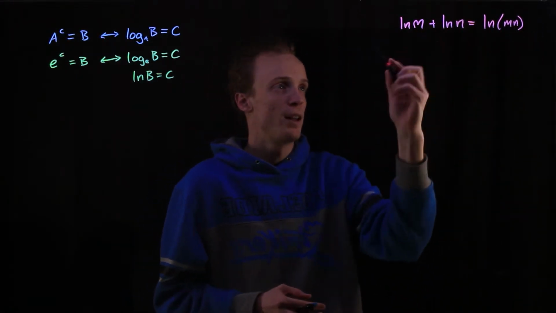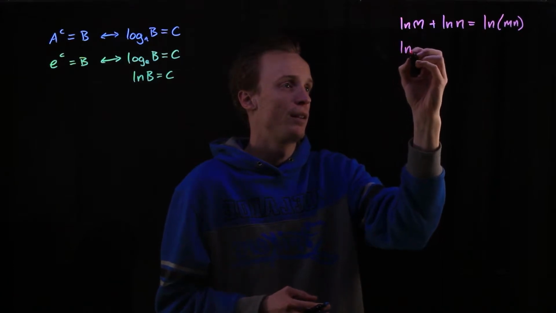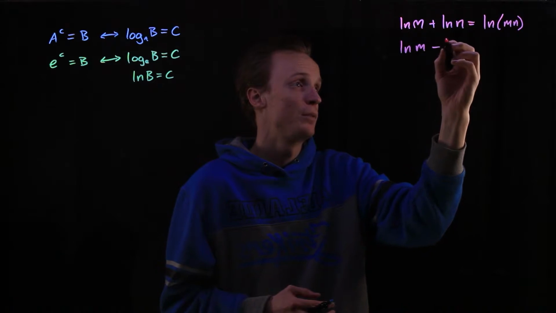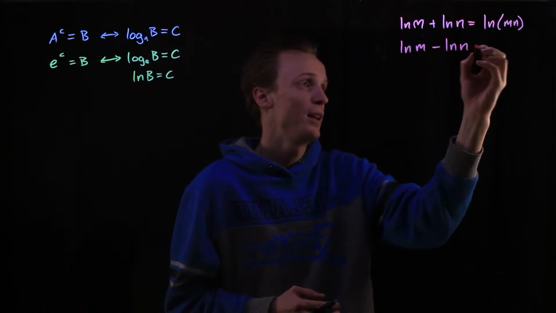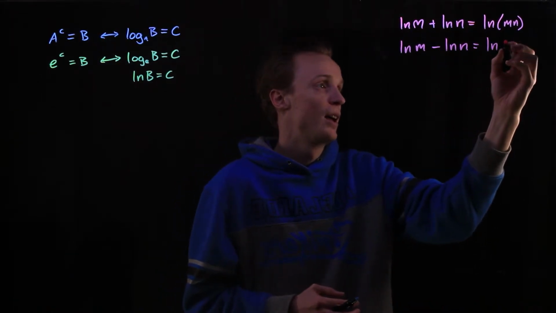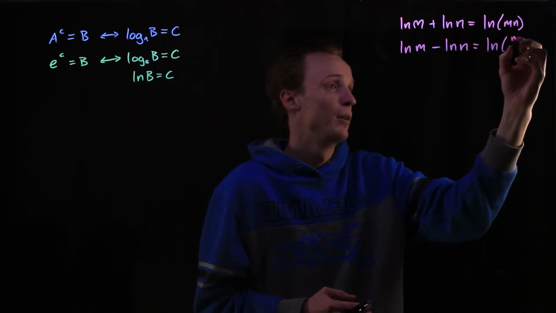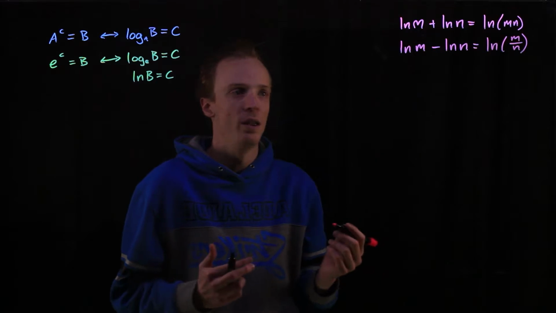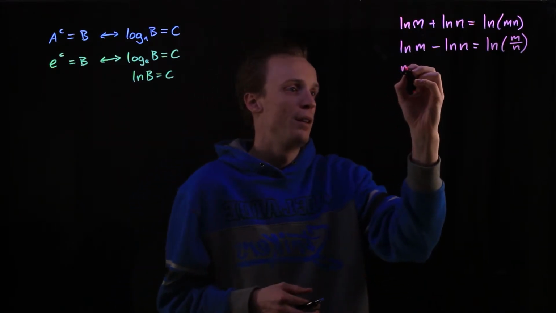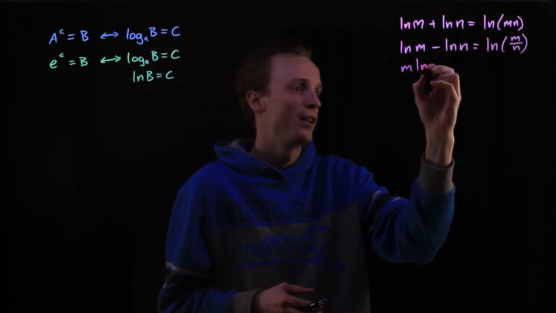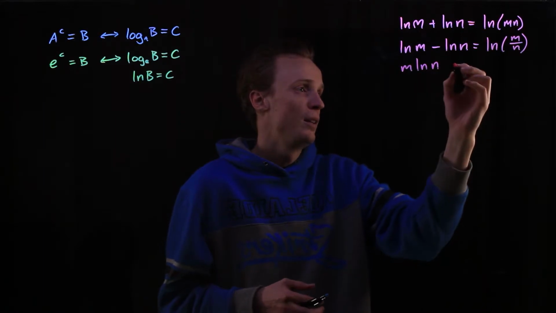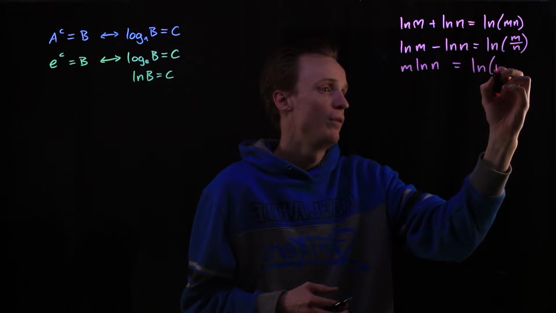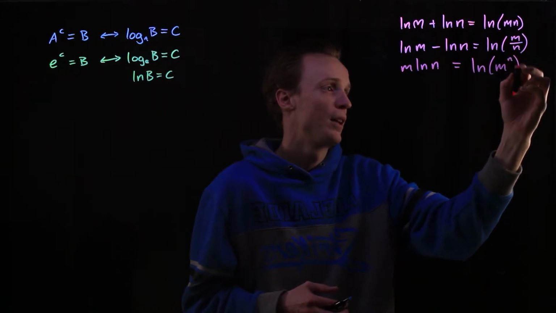If we subtract the natural logarithm of n from the natural logarithm of m, that can be written as the natural logarithm of m divided by n. And of course, our power law applies as well. If we've got n multiplied by the natural logarithm of m, this can be rewritten as the natural logarithm of m raised to the power of n.